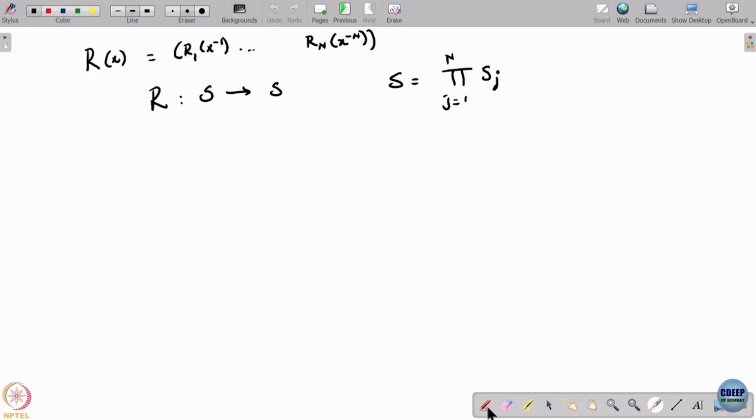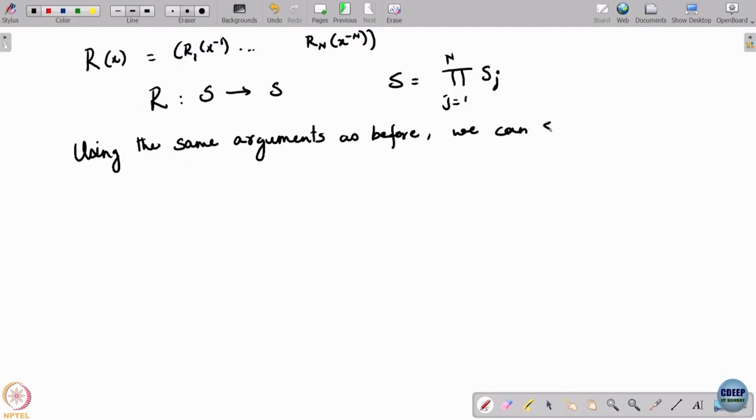So, using the same arguments as before, you can show that R is actually continuous. You can check that the exact same arguments will continue to apply.